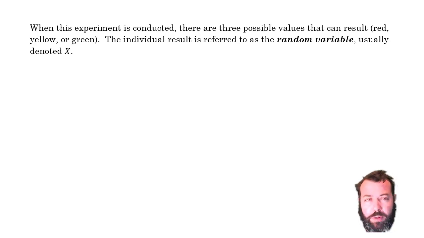And what does happen I'm going to refer to as the random variable, and that's normally an uppercase X. That's what has happened. That was the result of the experiment. The values are what the result could be, but the random variable is what the result is.